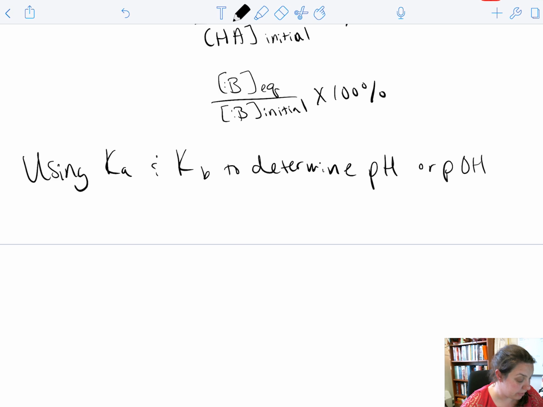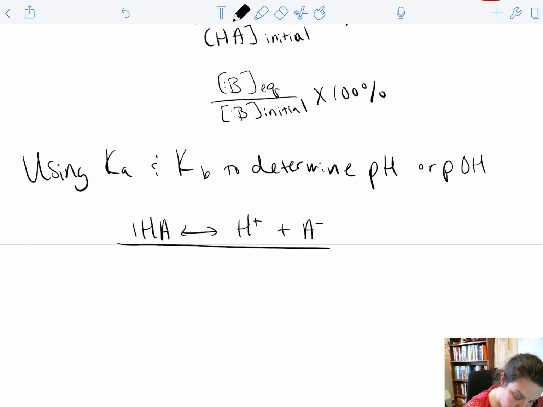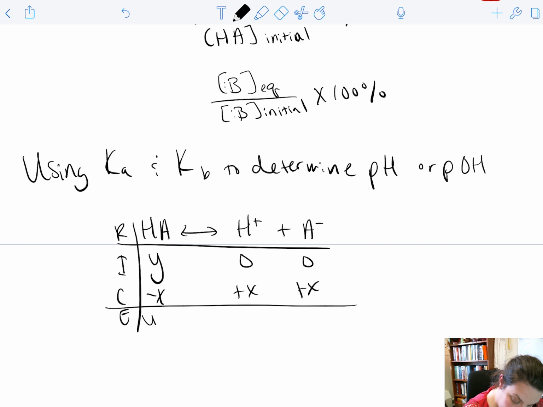And the way we would do this is using our RICE table. So if we have our acid, so have some initial concentration of it, and then we'll have some equilibrium concentration.